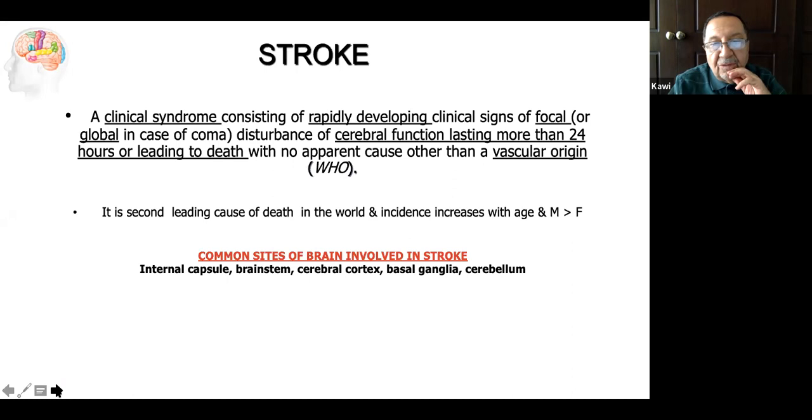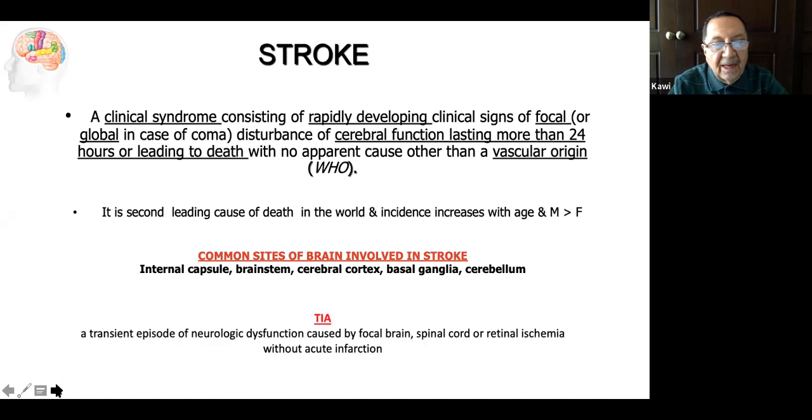Common sites of the brain involved in the stroke include the internal capsule, the brainstem, the cerebral cortex, basal ganglia, and cerebellum. Now, a few words about transient ischemic attack. Transient ischemic attack is a transient episode of neurologic dysfunction. For a short while, the person may experience something exactly like a stroke, caused by a focal brain, spinal cord, or retinal ischemia, without acute infarction.